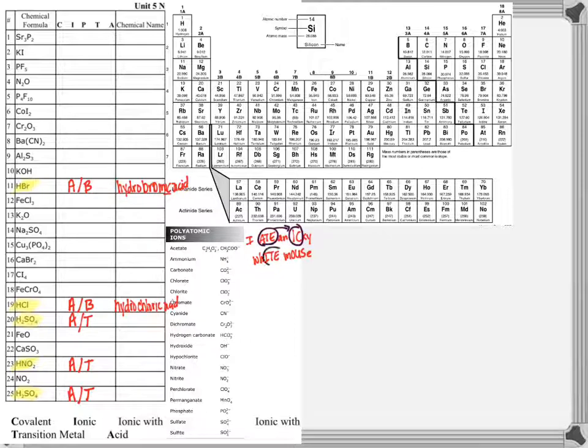If our polyatomic ion suffix ends in ite, we'll be changing it to ous. For ternary acids, remember all we're doing is changing that ending, that suffix, and then we're just using the word acid.